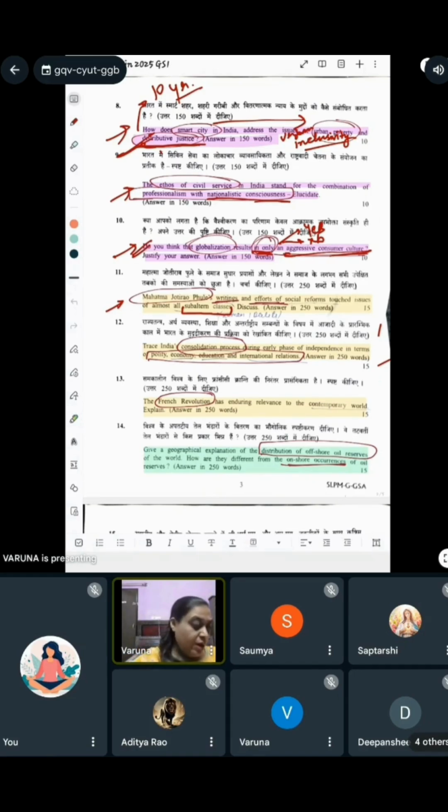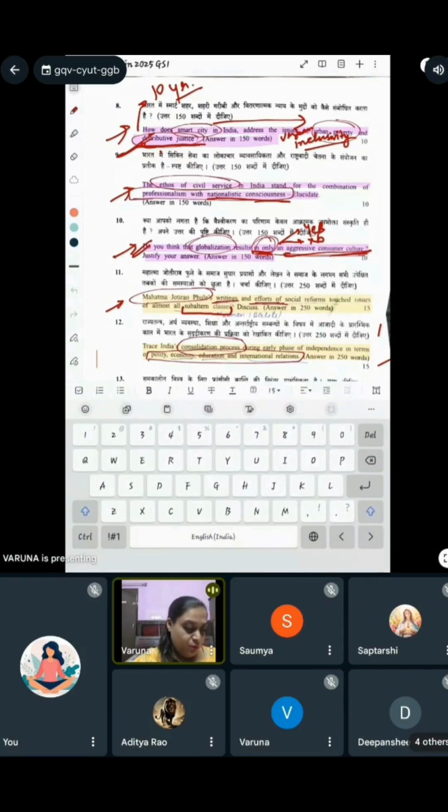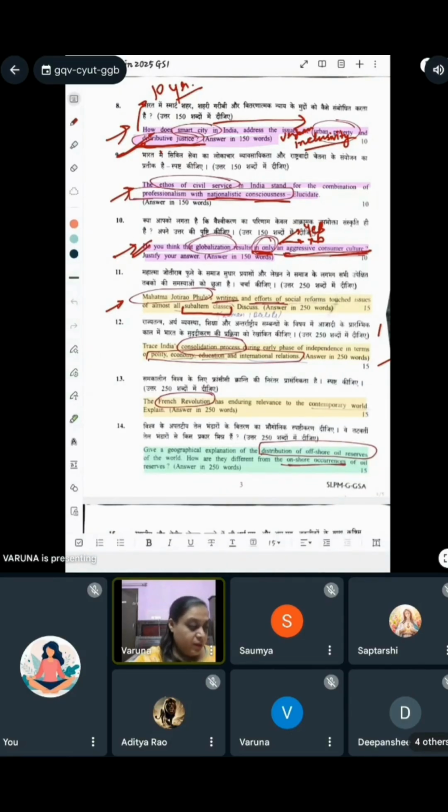Okay. Now the question demanded you to write upon Mahatma Jyotirao Phule's writings and efforts and how they impacted their lives. In the past, there have been plenty of questions related to different personalities, especially social reformers.